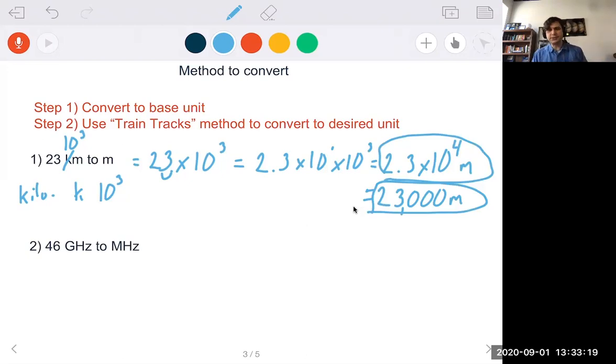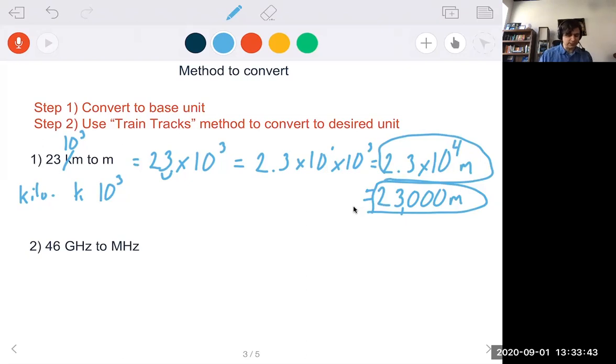All right, so now let's do number two. Let's follow the method, and then we'll talk a little bit about how you can logic your way through it, and we'll exploit the fact that there is a factor of 1,000 between giga and mega. So here we have 46 gigahertz, and I want this in megahertz. Let's convert the gigahertz just to hertz first.